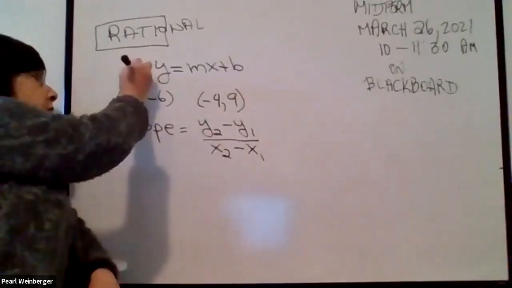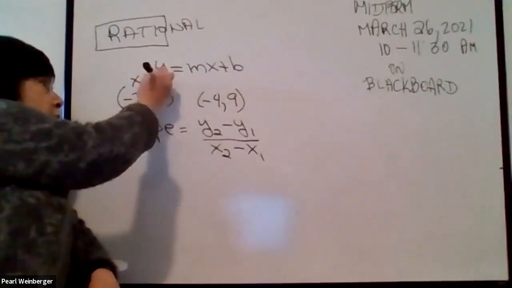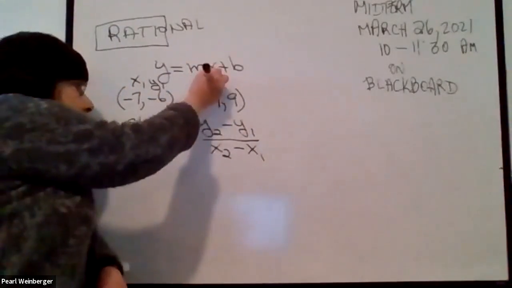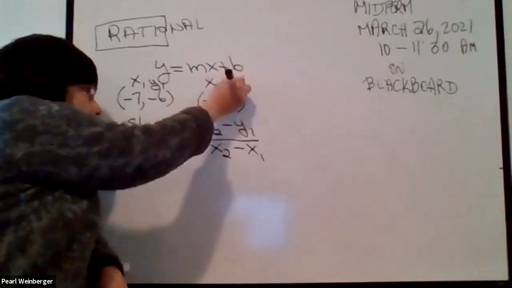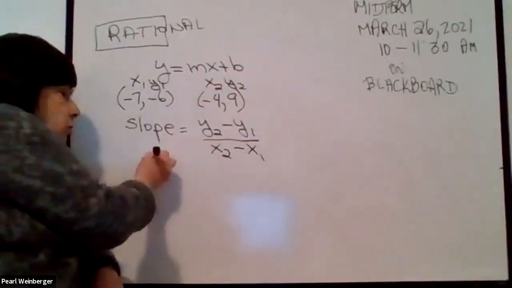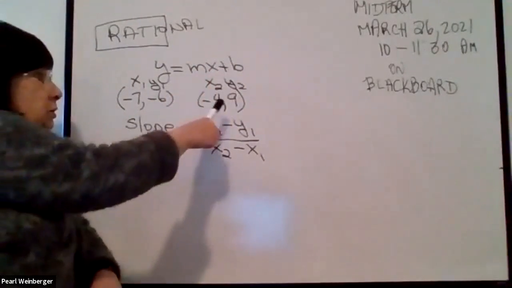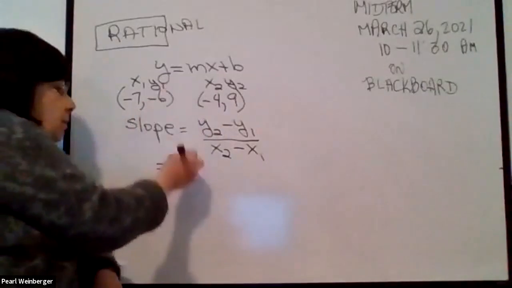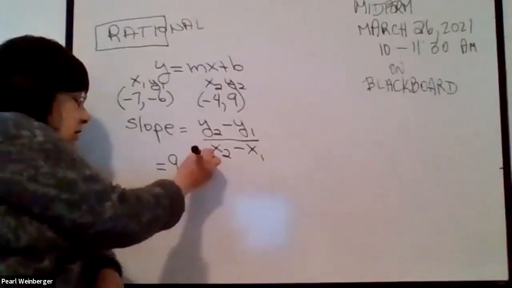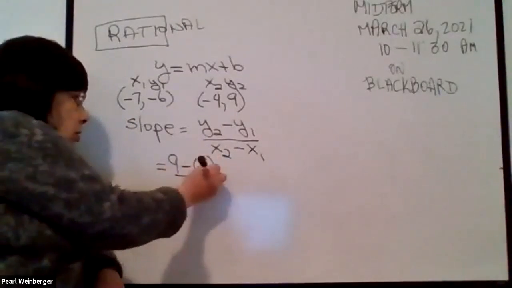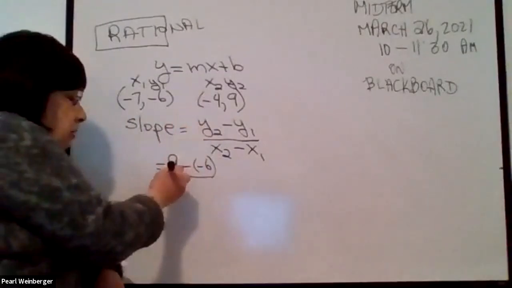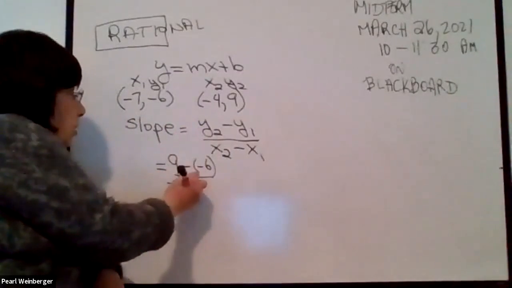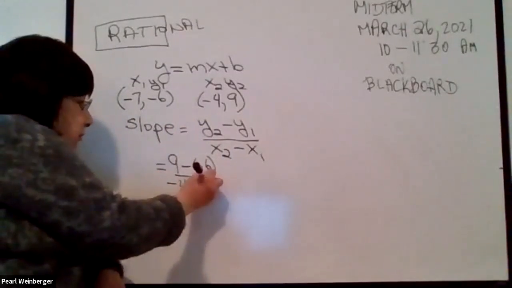Just put one of the points as x1, y1, and then call your second point x2, y2. So your slope is going to come out to be 9, that's your y2, minus -6 over x2, which is -4, minus -7.